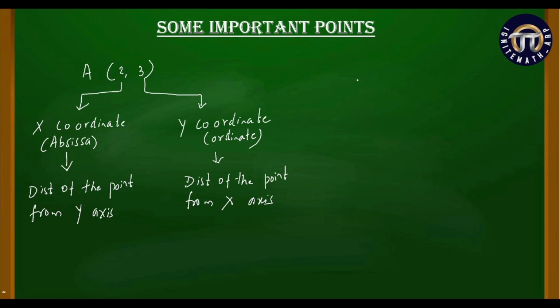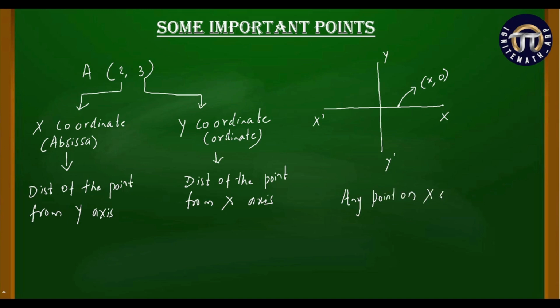So any point on the x-axis, say for example, roughly I'll just draw the coordinate axis over here. This is x and x dash, y and y dash, right? Any point over here, the x coordinate of this point will be x itself and y coordinate is 0. So any point on the x-axis has the coordinates (x, 0).